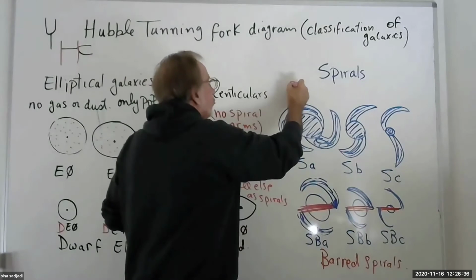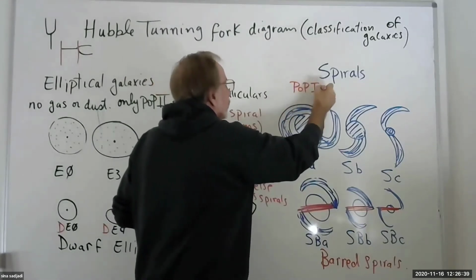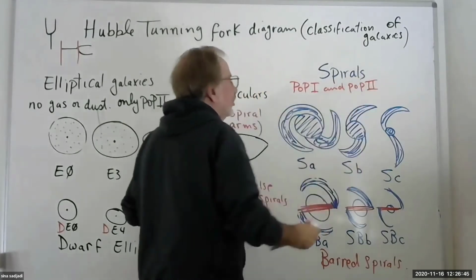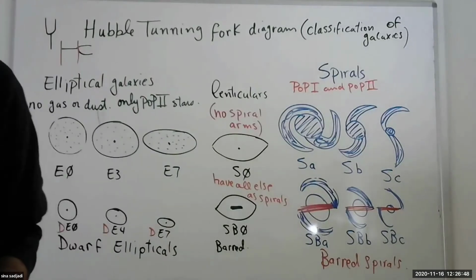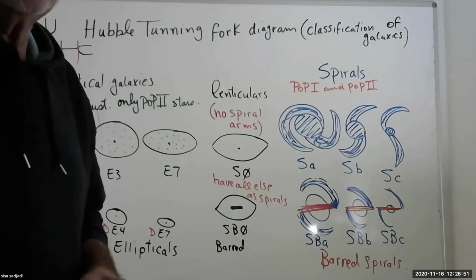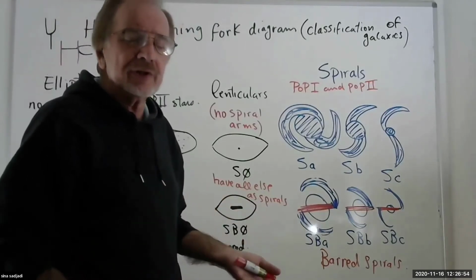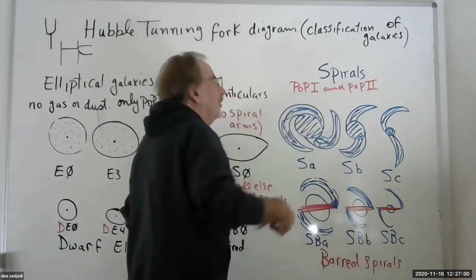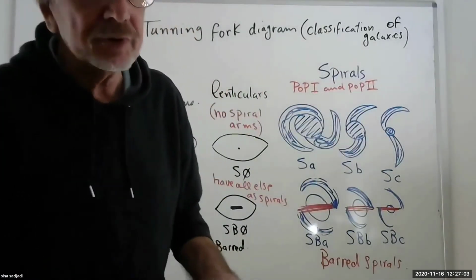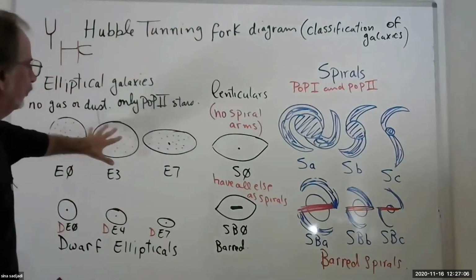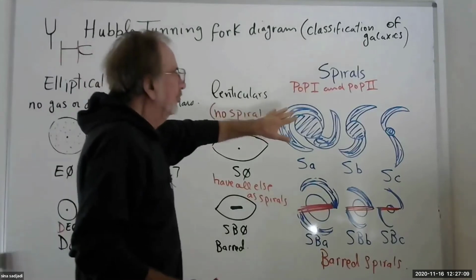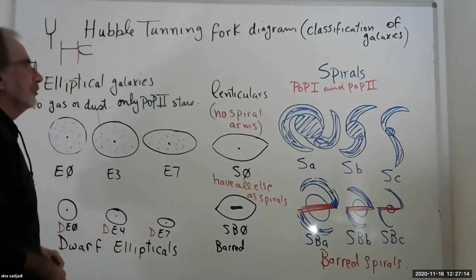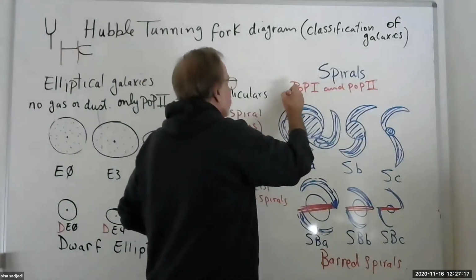Spirals have population 1 and population 2. So remember again, I'll remind you one more time. Population 1 is like the sun, a live star. It's on the main sequence of the star. They're not evolved yet, right? Population 2 are all the evolved stars, like red giants and red supergiants. Whereas these guys are all population 2. These guys have population 1 and population 2. And that includes all of these guys. They have lots of dust and gas.